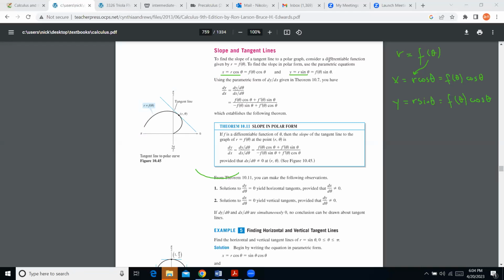So this little substitution gave us the ability now not to have just polar coordinates, but x of theta and function y of theta. So our parameter becomes theta.